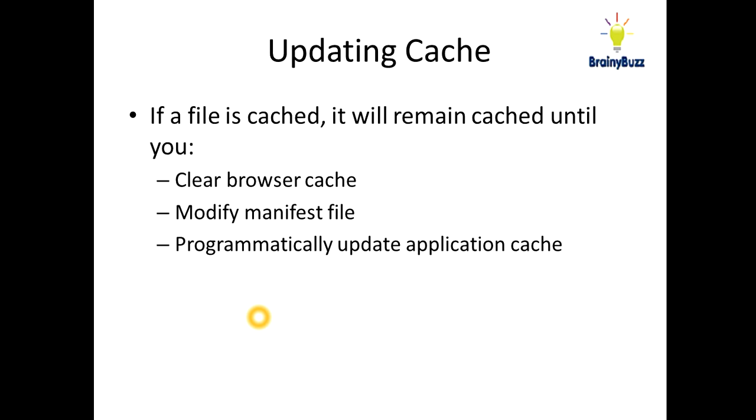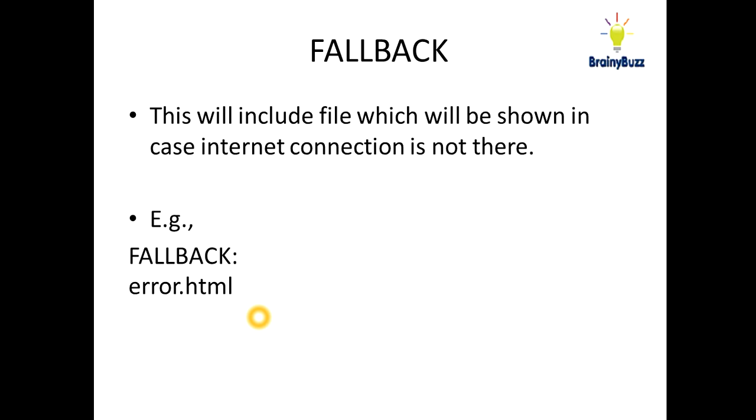So you have to clear the browser cache so that your new file will be cached, or modify the manifest file by writing some more cached files in the cache manifest. Or you have to write a particular program to update the application cache.